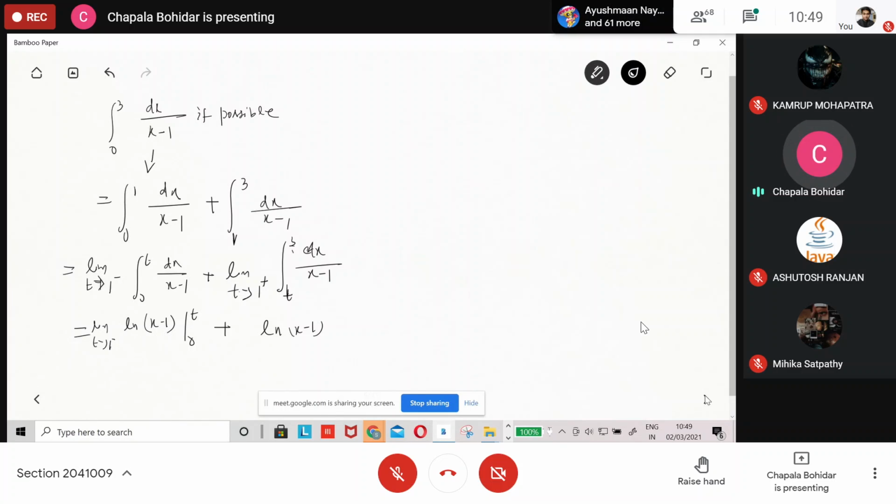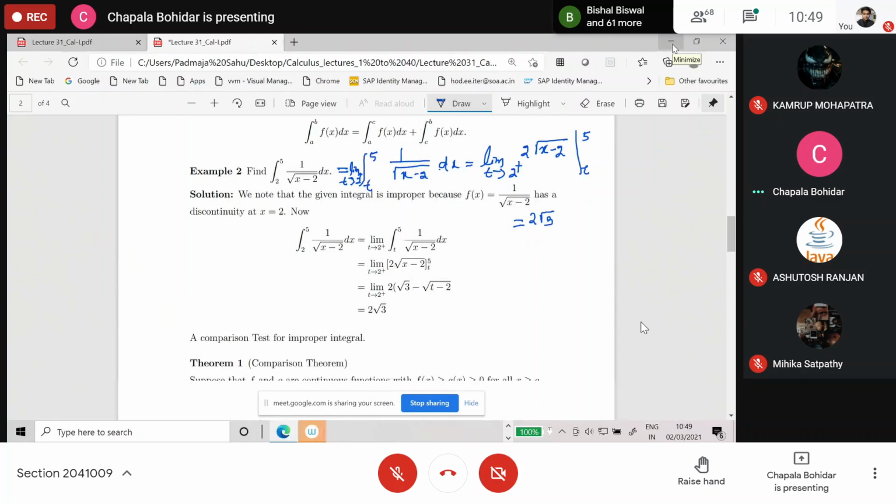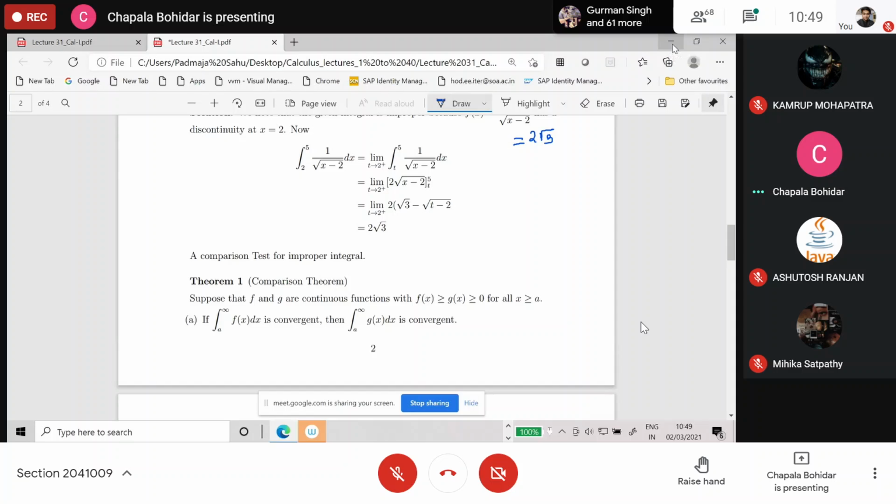Now come to the comparison test for improper integral. This is the most important part of this article. The comparison test for improper integral: suppose that f and g are continuous functions with f(x) greater than or equal to g(x) greater than or equal to 0 for all x greater than or equal to a.